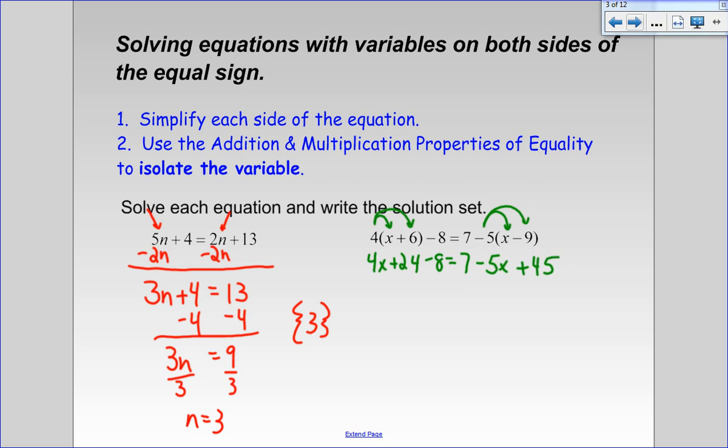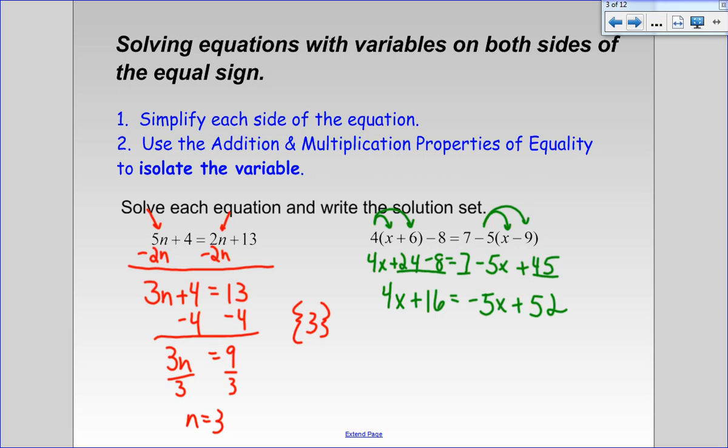Before we start moving things on each side of the equation, let's combine like terms. So our 24 minus 8 combines to give us 4x plus 16, and our 7 and positive 45, when we combine those, gives us a positive 52.